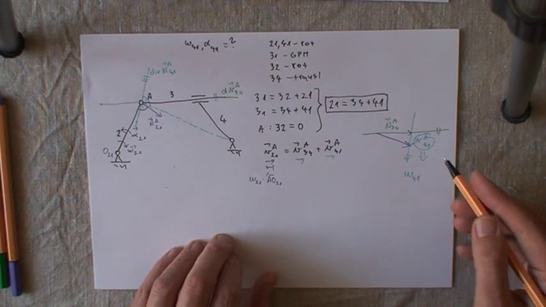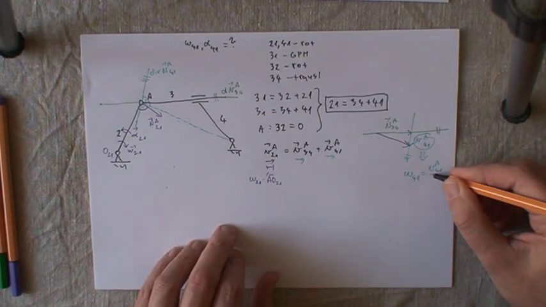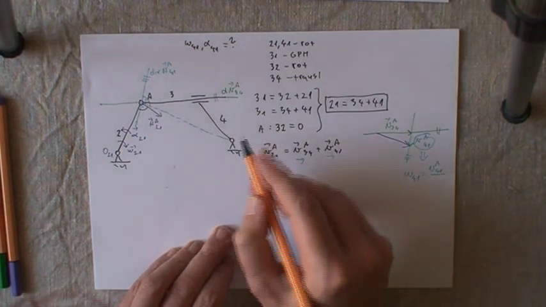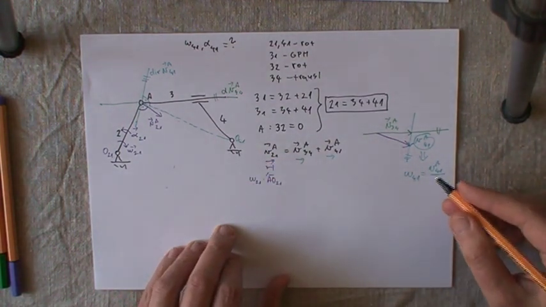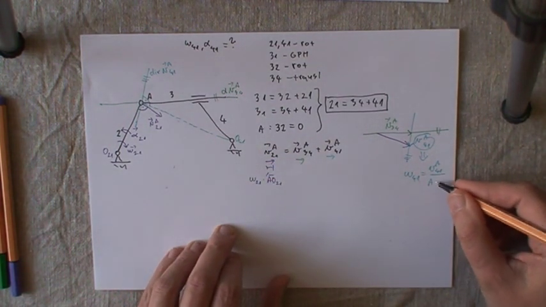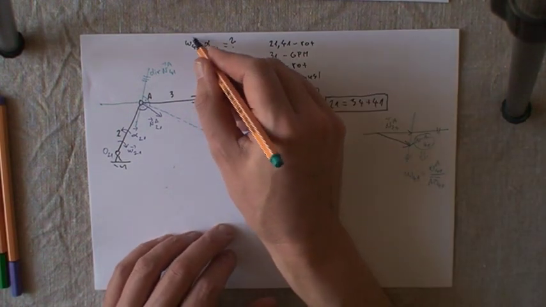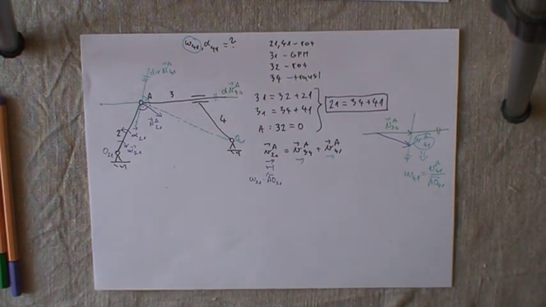And that would be VA41 divided by the distance from point A to the center of rotation, which we will call, for example, A041. So it will be A041. And we have the first part of our example, yoo-hoo.